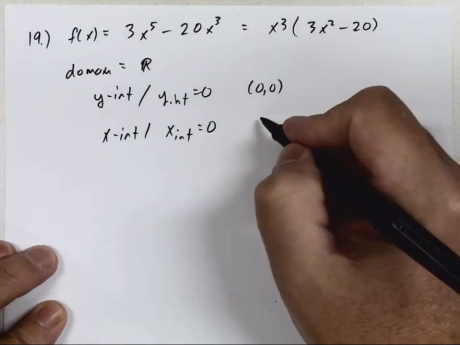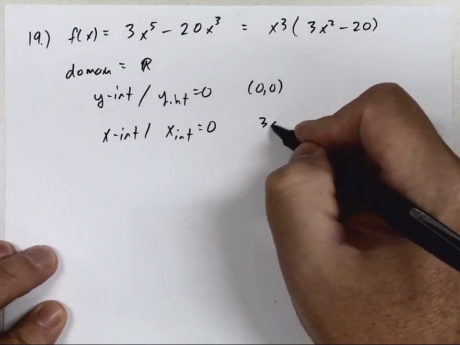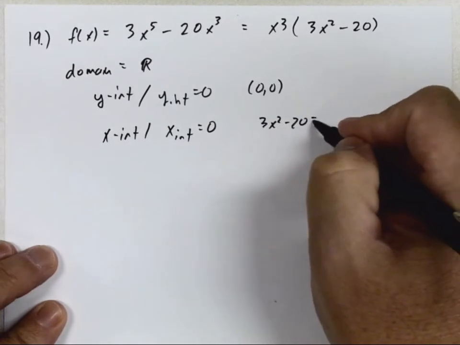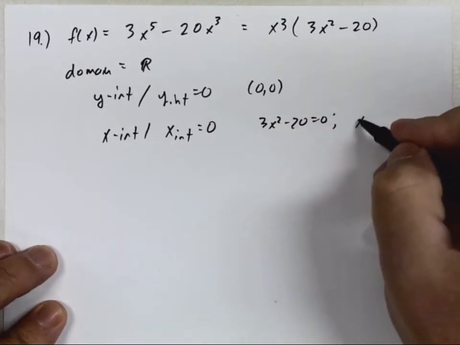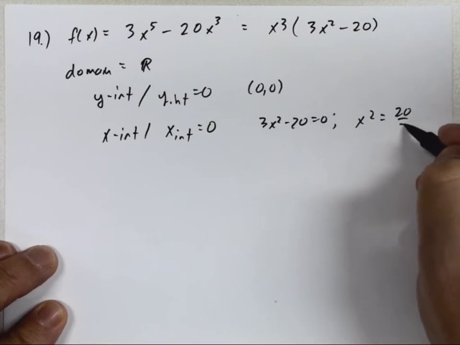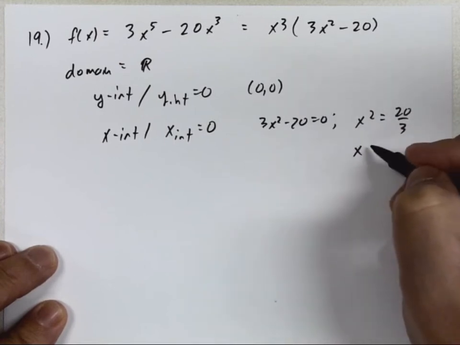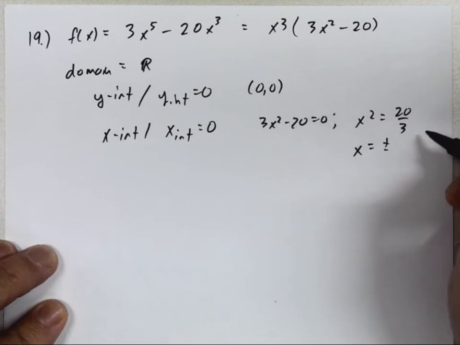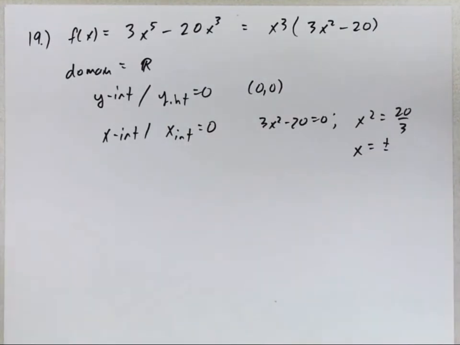This is not going to be a pretty number, but basically, I'm actually grabbing my calculator. 20 over 3 is like 6 point something. 6.7.